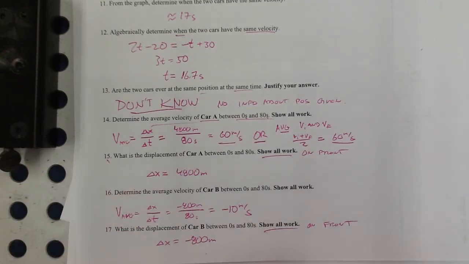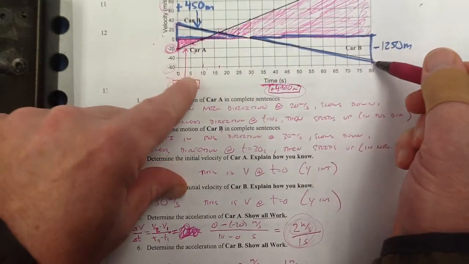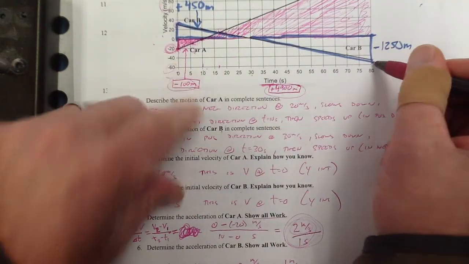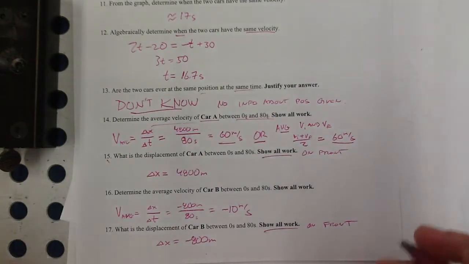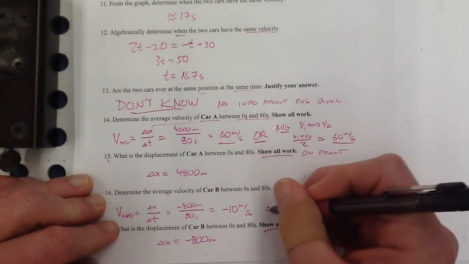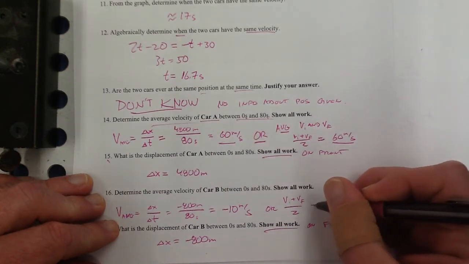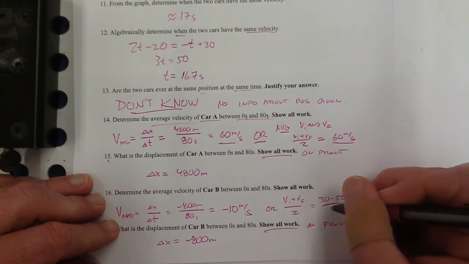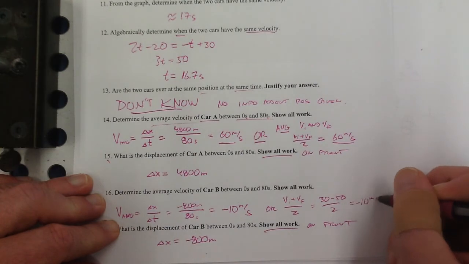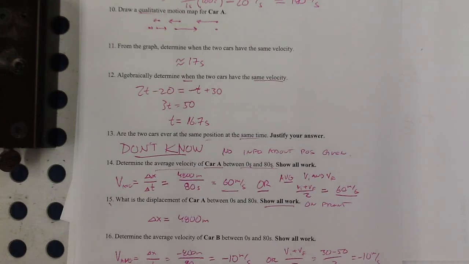You know what happens if you add together the starting velocity, 30, and the ending velocity, negative 50? Guess what? It's the same answer. All right. There's a lot to think about and practice there. It's probably something you want to come back to at some point and practice doing those again.